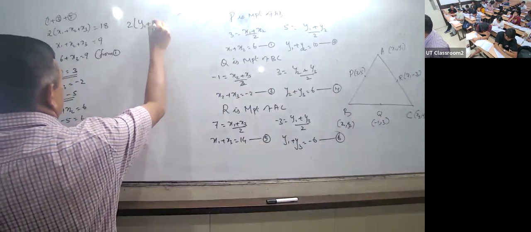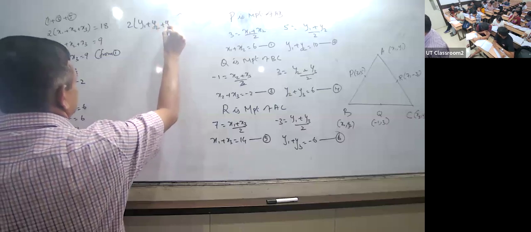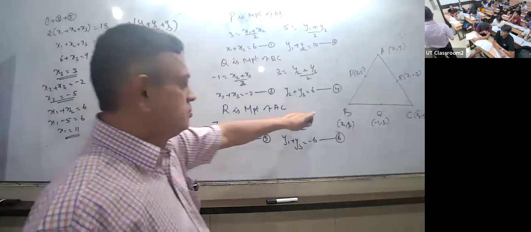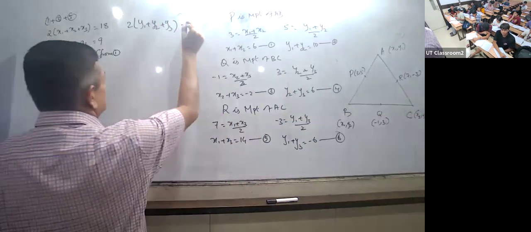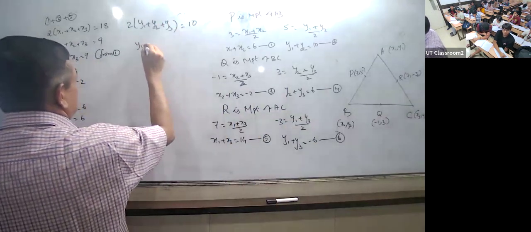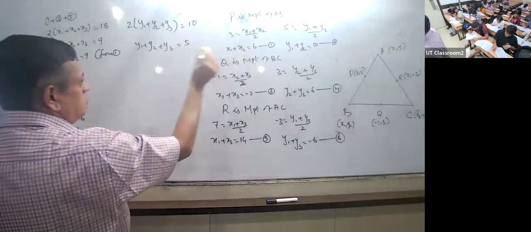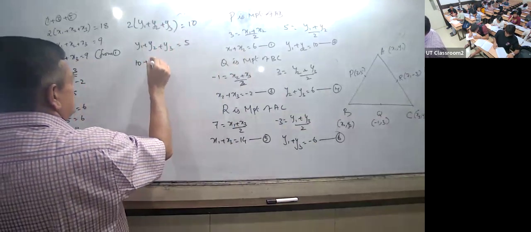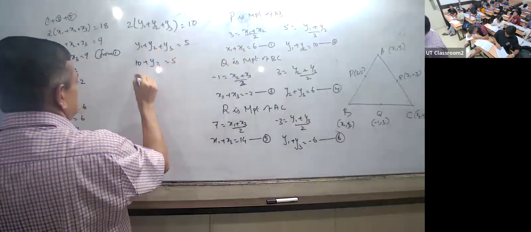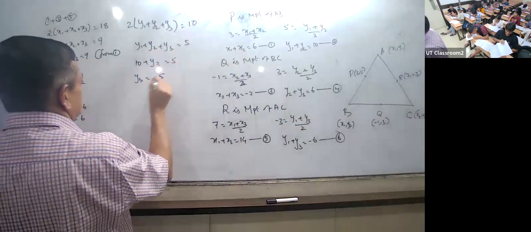Who got it? Y1 plus Y2 plus Y3 is equal to 10 plus 6 minus 6, that is equal to 10. That is, Y1 plus Y2 plus Y3 is equal to 5. Y1 plus Y2 is 10, so 10 plus Y3 is equal to 5. Y3 is equal to how much? Minus 5.